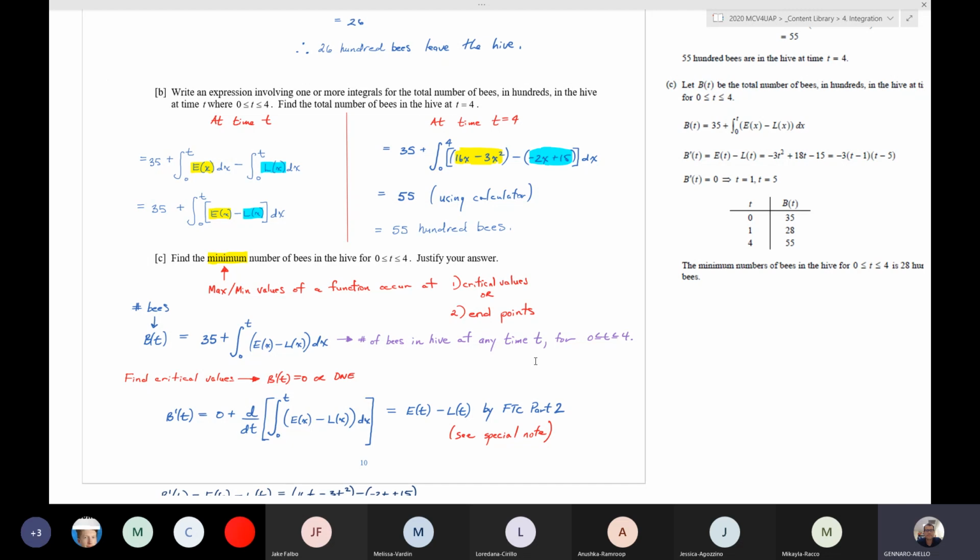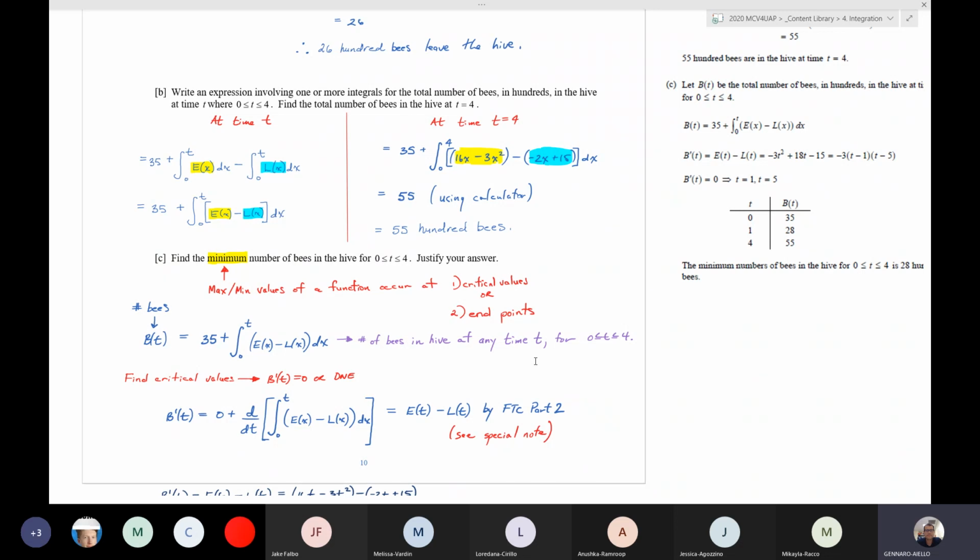Okay, to find the absolute max or absolute minimum value of a function, we need to look at the endpoints or at the critical values of that function. Those are the only places that you can have an absolute minimum or absolute maximum value of a function.